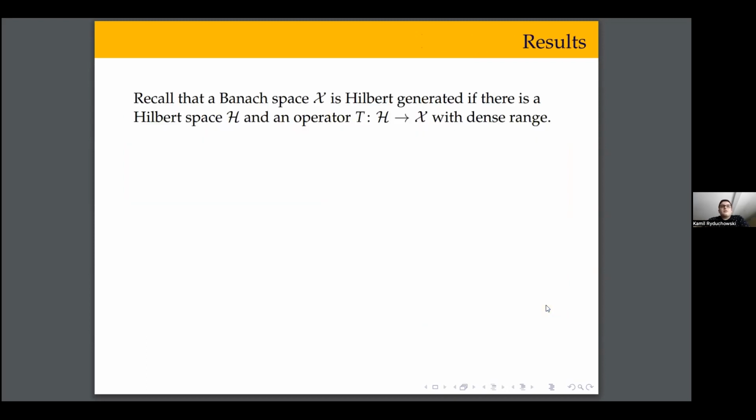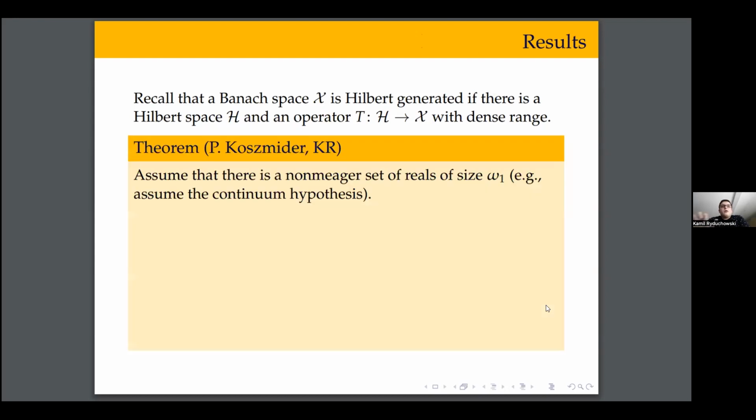Our results are that, first of all, let me recall that a Banach space X is Hilbert generated if there is a Hilbert space H and an operator T from H into X with dense range. Our result is consistent only; we were not able to have that in ZFC alone.